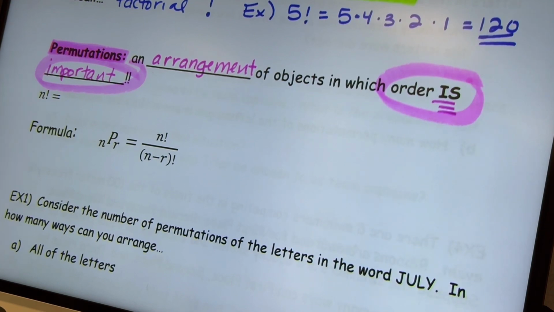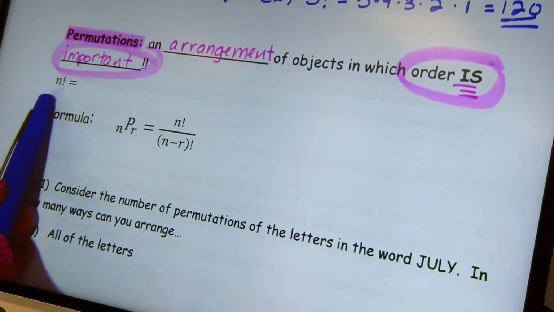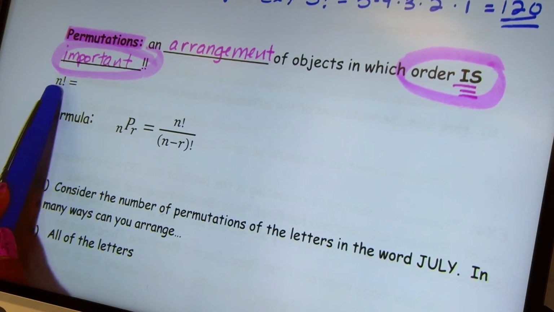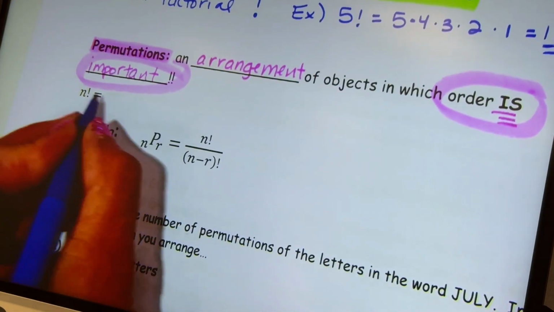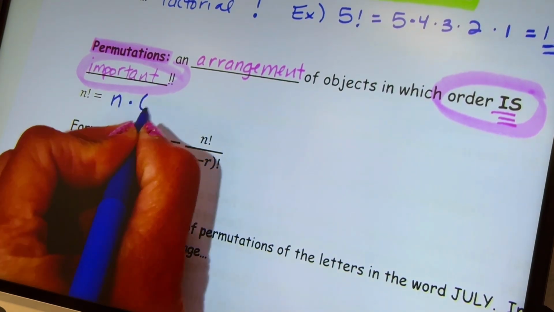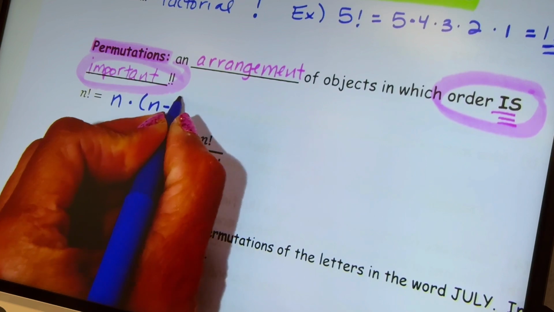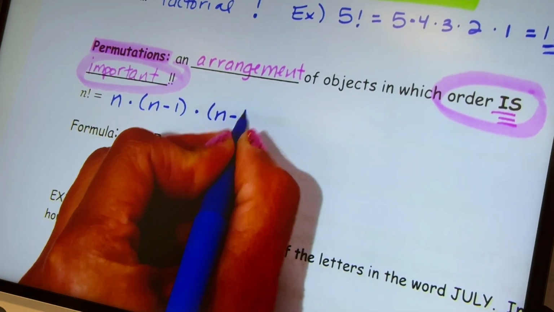So when we're coming up with an arrangement, when we just have a list of things like you're setting up 10 kids in a photo. You want to take their photo, but you want to line them up in a special order. Well, if there's 10 of them, then to arrange them, you would just put whatever that number is, factorial. So when we write this in general, n factorial, you take your first number times the next smallest number times the next smallest number.